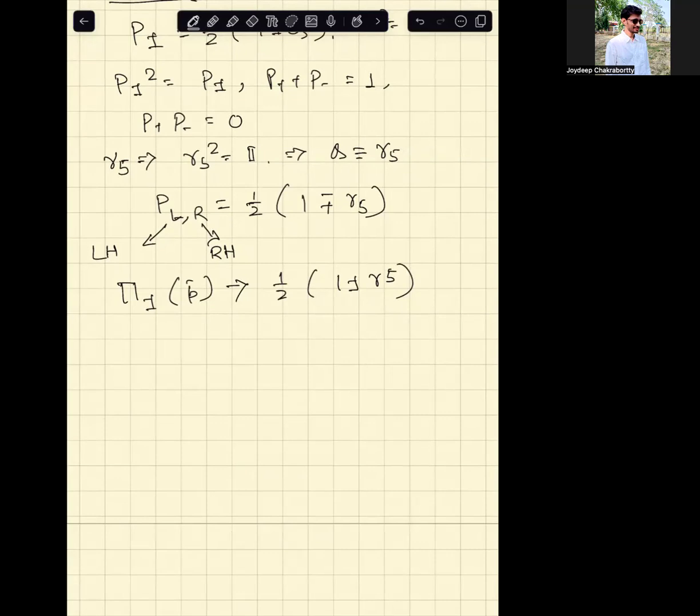So that's why these projection operators can be constructed only in the even space-time dimension, okay? Such that when you write down the total fermion representation, it can be divided into two equal halves. One will be transforming as a left chiral fermion, another half will be transforming as a right chiral fermion. And remember, the left and right chiral dimensionality would be the same. Okay, is that point clear?